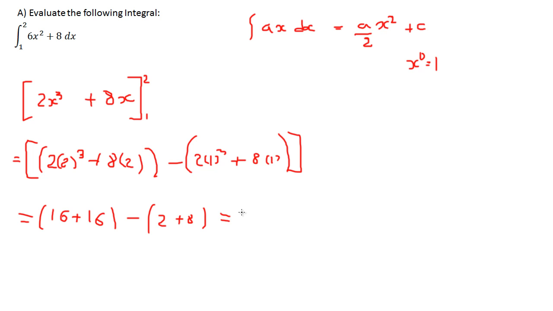And this will be 32 minus 10. There, 32 minus 10, which is equal to 22. And that is the answer to part A.